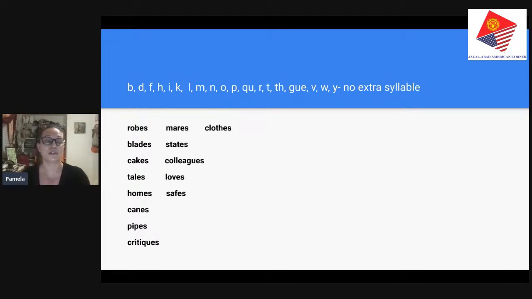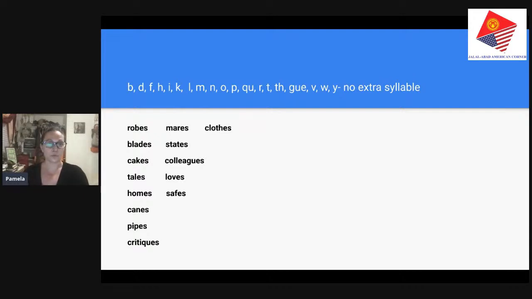If the verb or the noun ends in these letters, with an E at the end: B, D, F, H, I, K, L, M, N, O, P, Q, R, T, U, V, W, Y. So words like robes, it's not robus, it's robes, blades, cakes, tails, homes, canes, pipes, critiques, mares, states, colleagues, loves, safes, clothes.